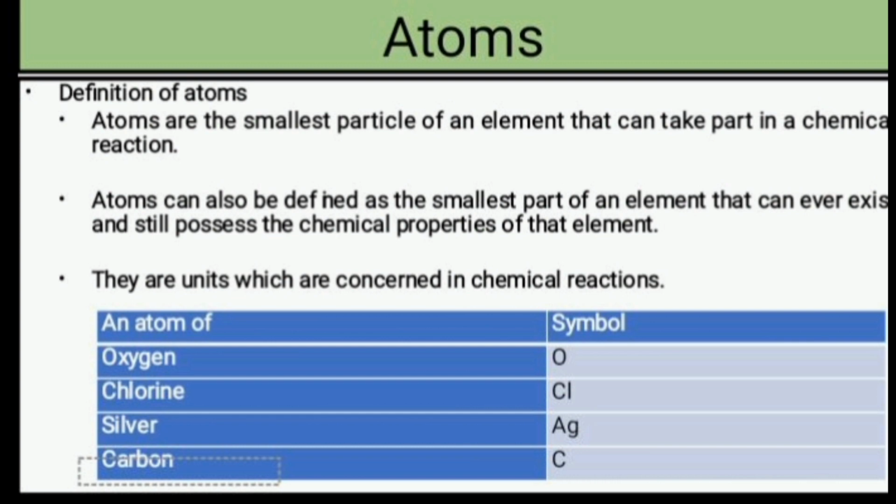Okay, so as the units which are concerned in chemical reactions, atoms are represented with symbols. For example, oxygen is represented with the symbol O. When we're talking about an atom of chlorine, its symbol is represented with what?